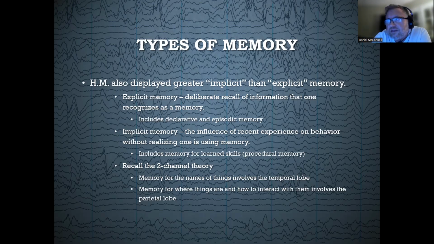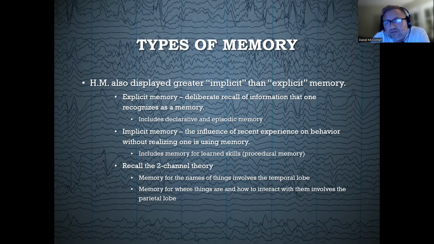And what we find is that HM could practice this mirror drawing test and got better over time. And even though he had no episodic memory of having done the task prior, he still showed the carryover of his experience and practice anyway. So he was acquiring the implicit skill while never having any explicit memory of having done it before.